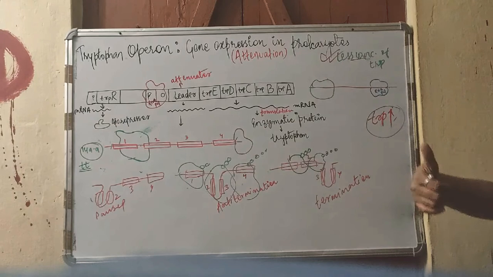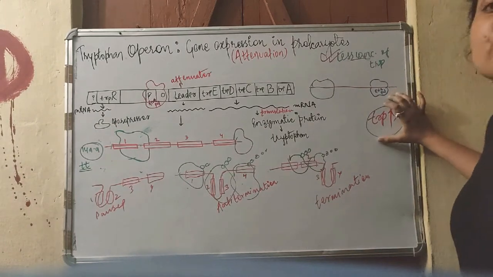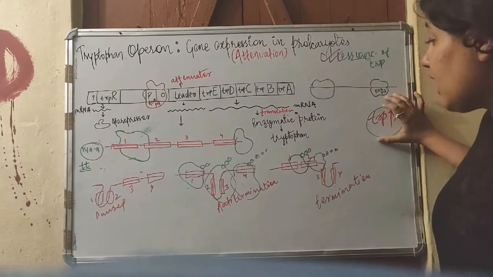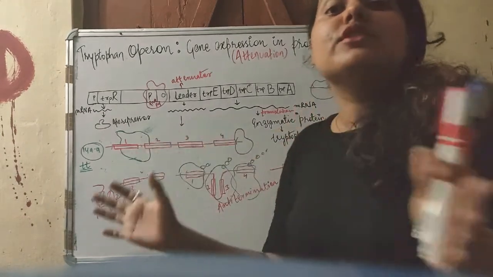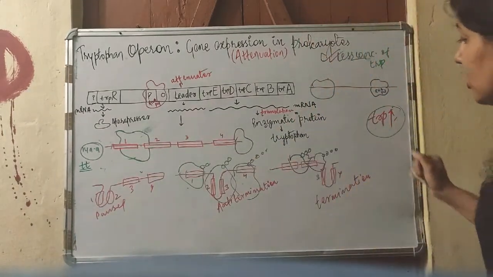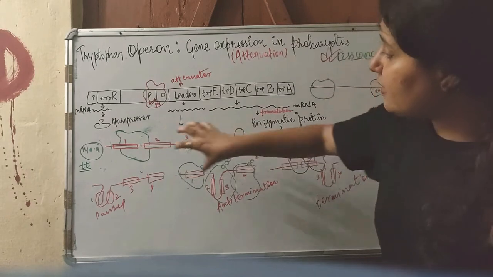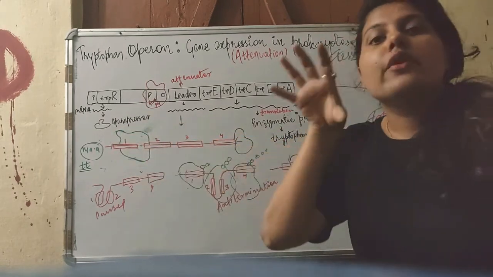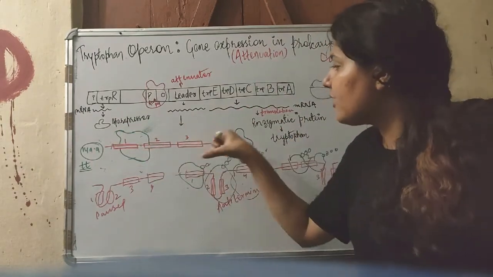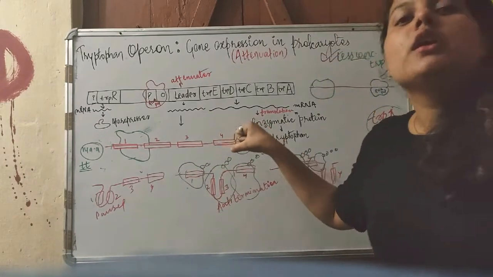Now, in the other condition, when the tryptophan concentration in the cell is high, what happens? The cell does not want an excess of this polypeptide, so the ribosome will wait between 1 and 2 for a while, so that 3 and 4 form a hairpin loop.